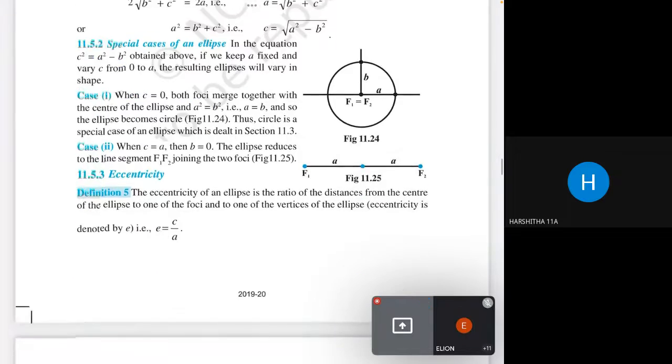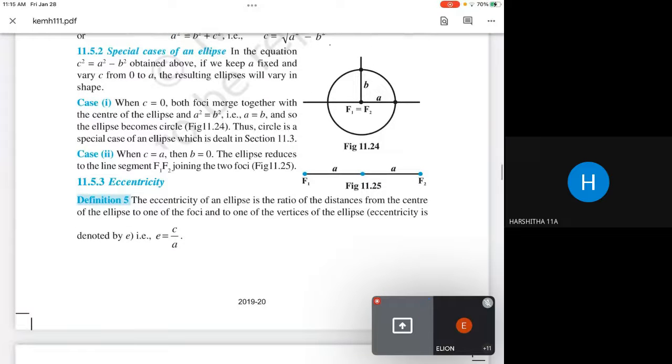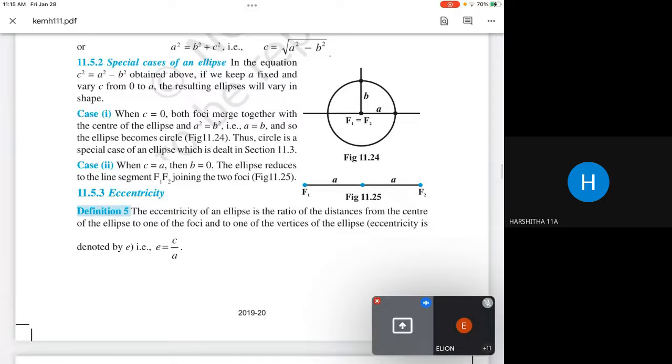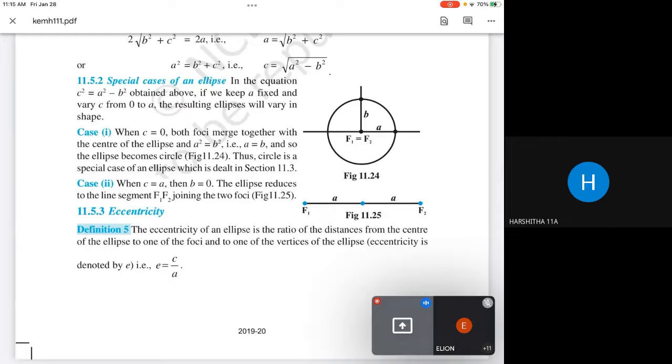So for the special case of the ellipse, in the equation C square equals A square minus B square obtained above, suppose we keep A fixed and vary C from 0 to A; the resulting ellipse will vary in shape.